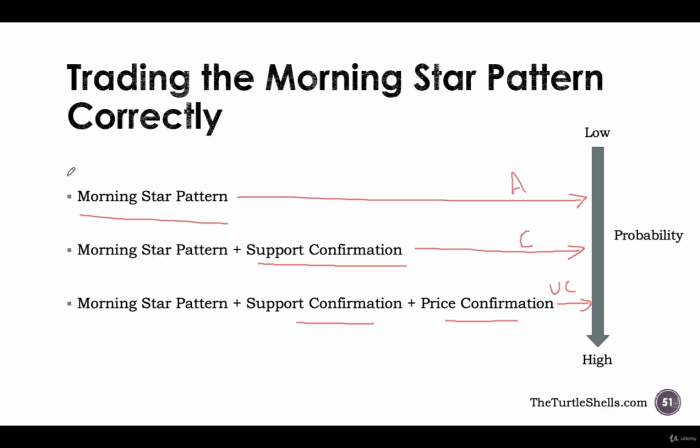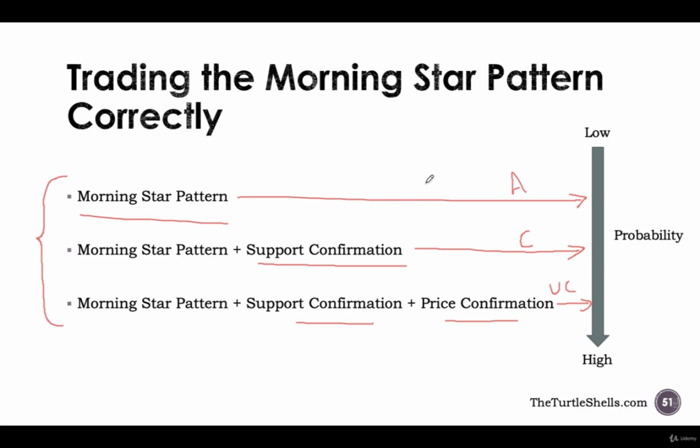Of course, you can combine the morning star as discussed with other indicators like Bollinger Bands, stochastics, RSI, moving averages, support and resistance levels, and multiple other Western indicators. But this is the most basic way of trading the morning star pattern.